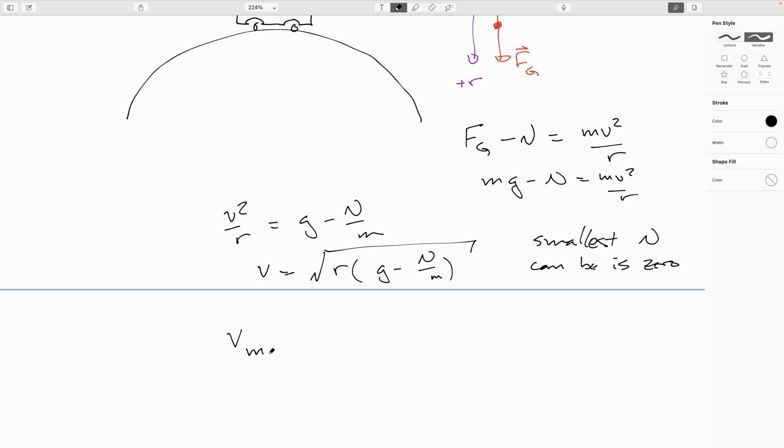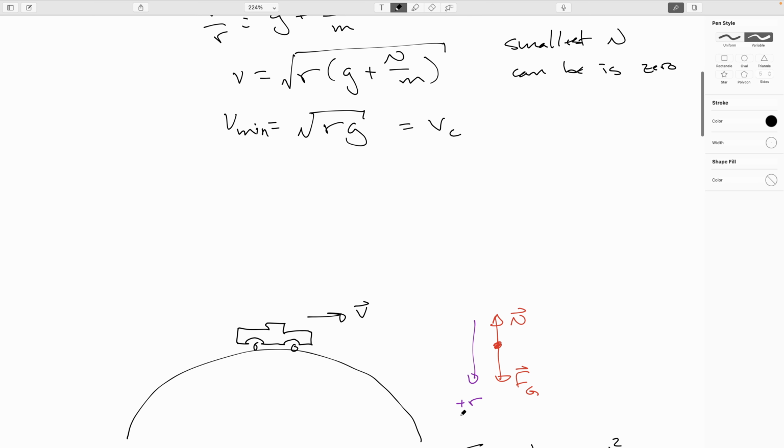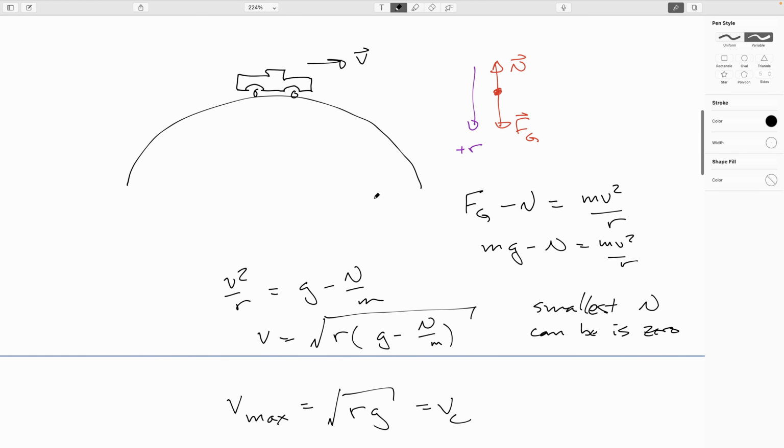So the fastest speed we can go over the hill and still stay connected to it would be the square root of r times g, which is again our friend the critical speed. Thus why it's a critical speed. In the case of the roller coaster, it was the slowest we dare go over to stay attached. Here, it's the fastest we can go over and stay attached.